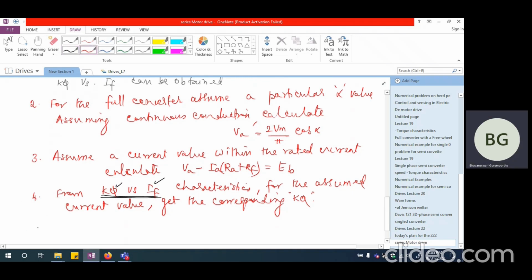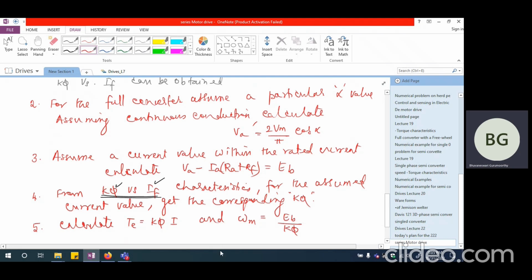Now, at this point, once you have the K5 value, calculate TE equal to K5 multiplied by I, and omega m equal to EB divided by K5.